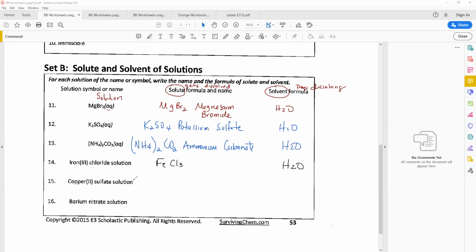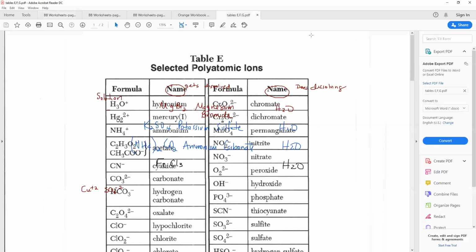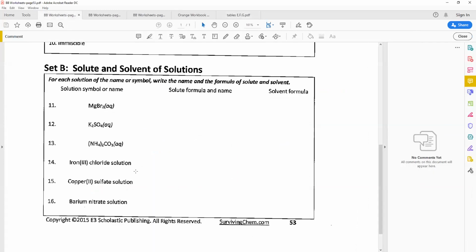Copper 2 sulfate. Copper 2 is Cu+2. Sulfate is a polyatomic ion from table E. Sulfate is over here. So if we go back to this one, we're going to see that it's copper +2 and sulfate.